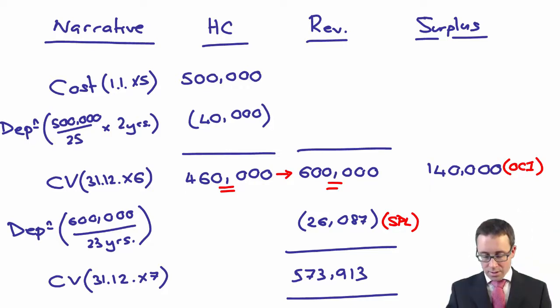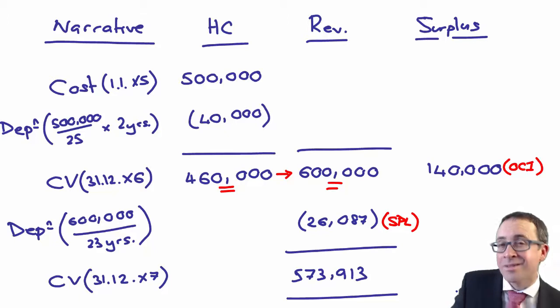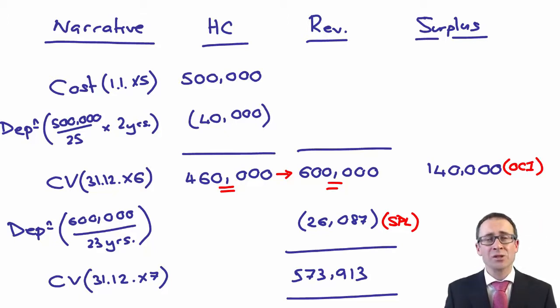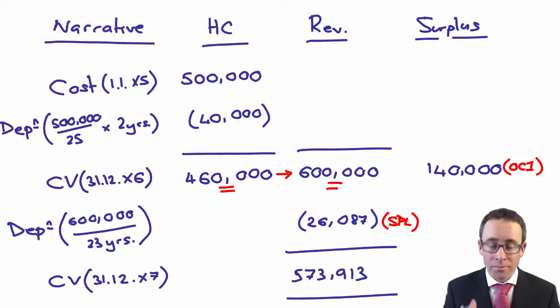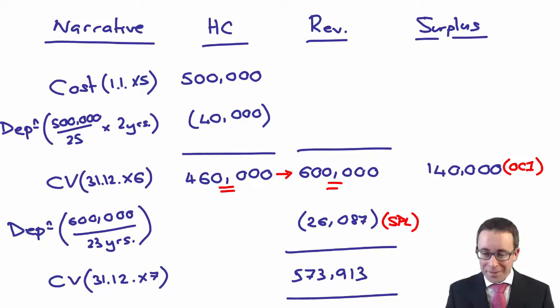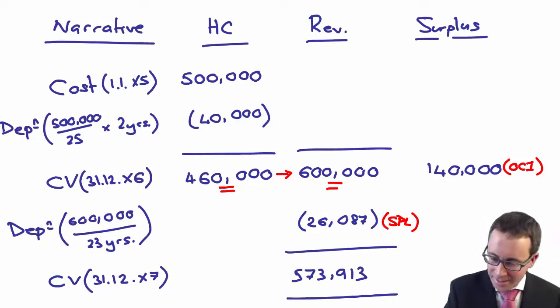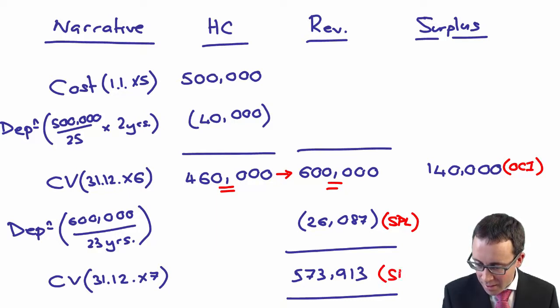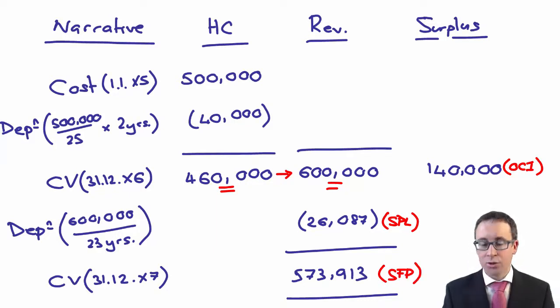Looks about right. 600,000 less 26087. 573,913. That's the first time in a long time I've ever done such a large number in mental arithmetic, and actually got it right. So well done me for a change. There we go. Key bit is that is the figure that appears on the SFP as your non-current asset.